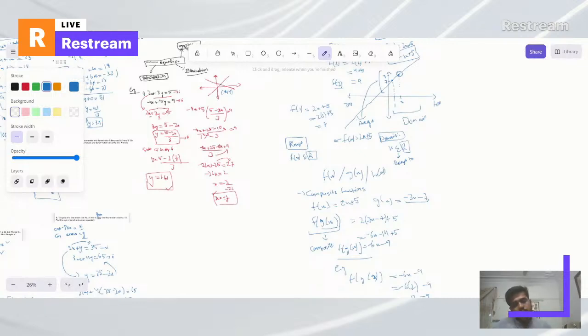Then we moved forward to discussing what domain is. Domain is the value of x for the whole equation, and the range is the value of y for the whole equation. Like how long on the y-axis can the equation be stretched to? That's range. And for how long on the x-axis can the line be stretched to?